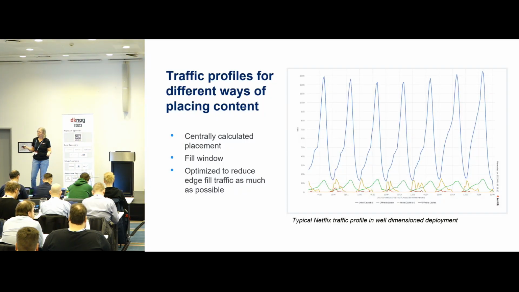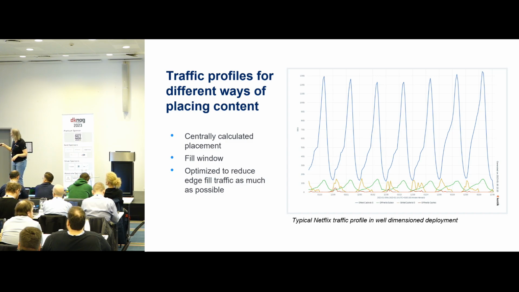Okay, so I was talking about different ways of placing the content on the servers in the CDN. And here again, I'm starting with Netflix. What we see here is a typical traffic profile over a week for an ISP who has a well-designed Netflix setup. The blue tall one, the highest peaks, is the traffic coming from the embedded servers to the end users.